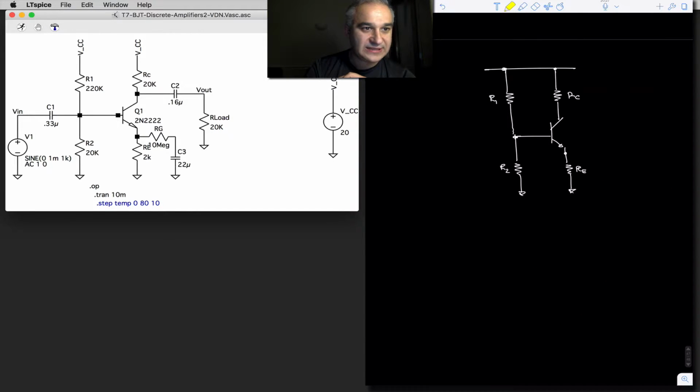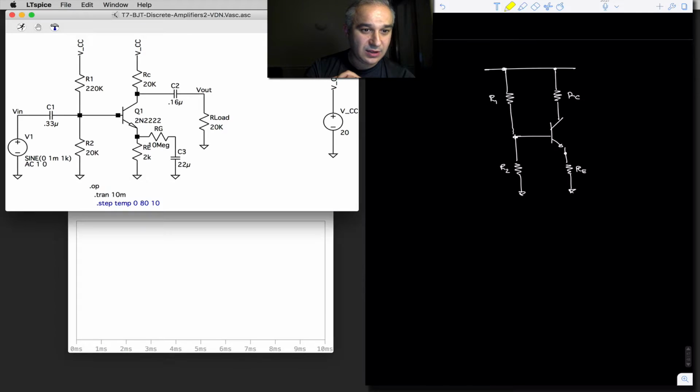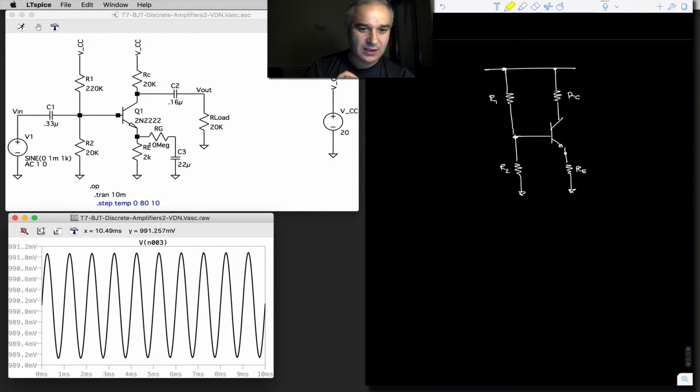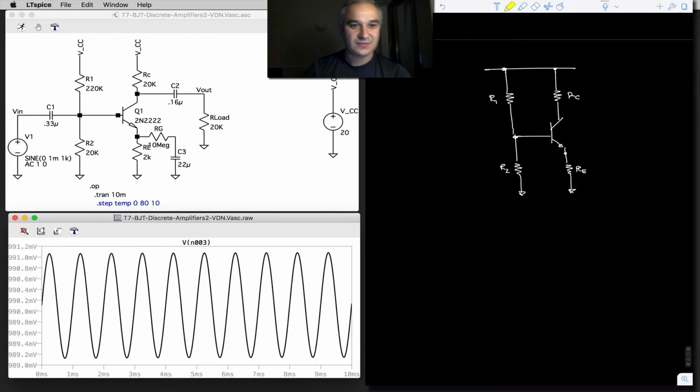So what we can say is that we have no gain. The emitter follows the input, and this may be useful. Actually, it's useful, as you're going to see, to create a buffer.